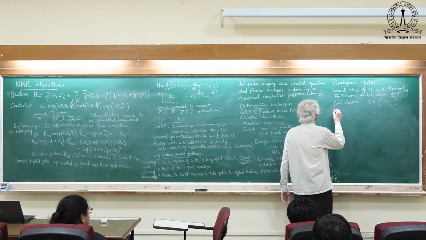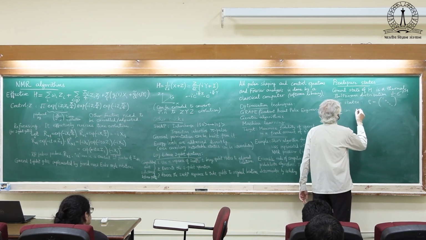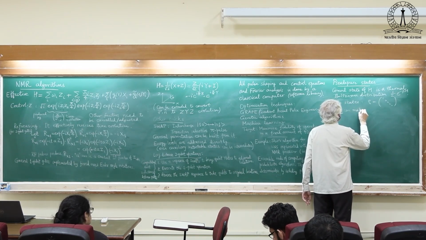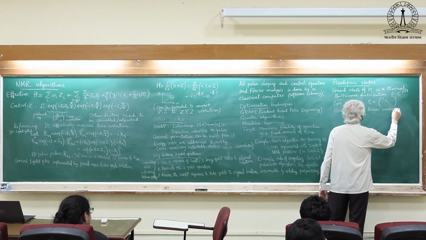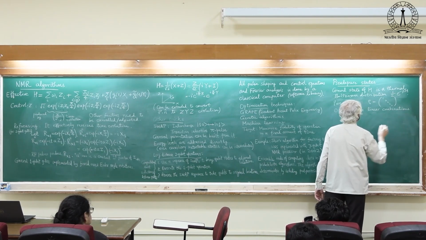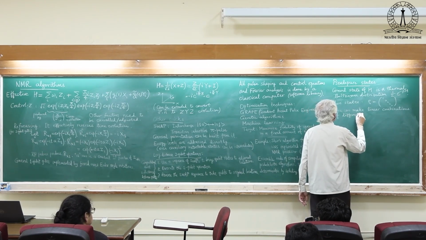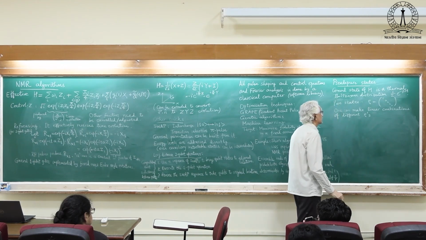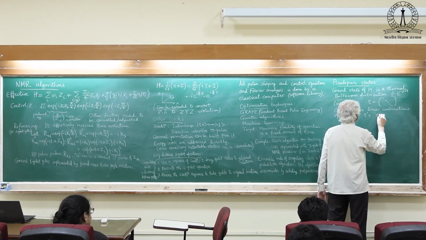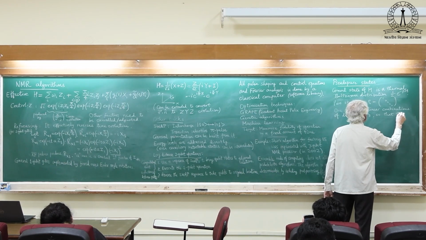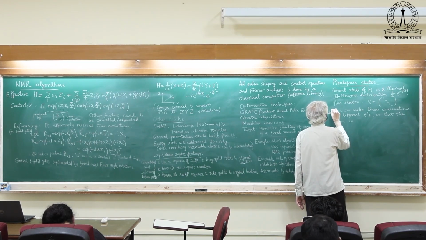One is, one can make linear combinations of different rows, different distributions. So this is one ingredient.